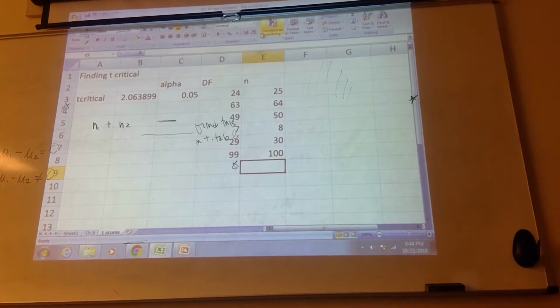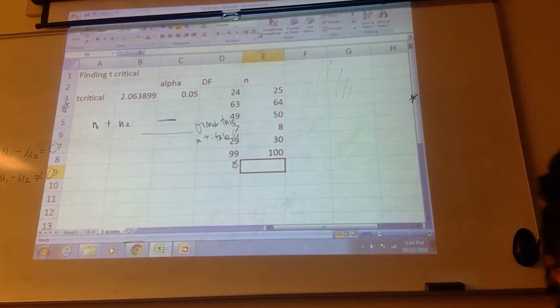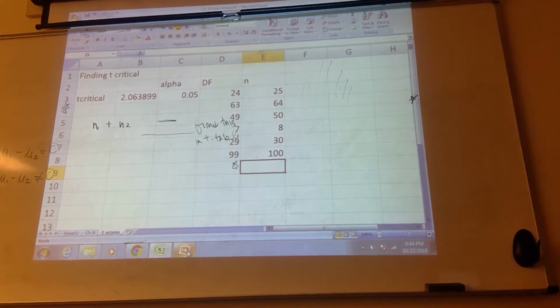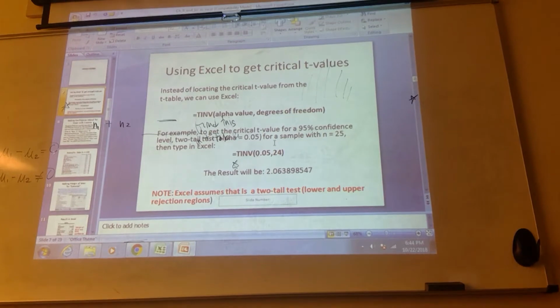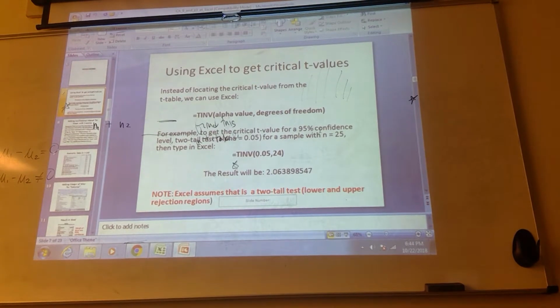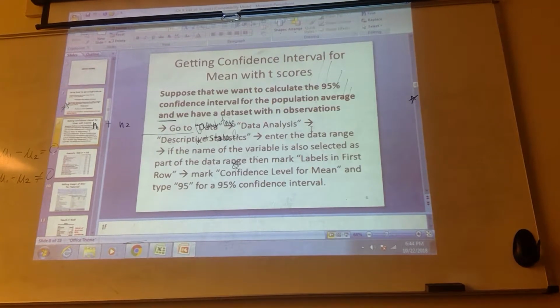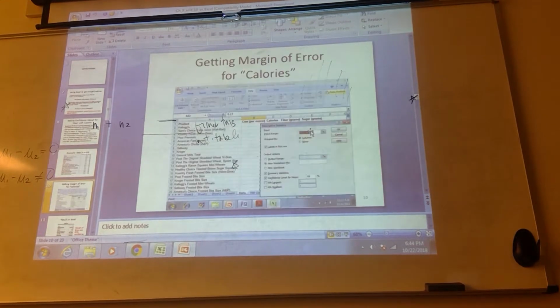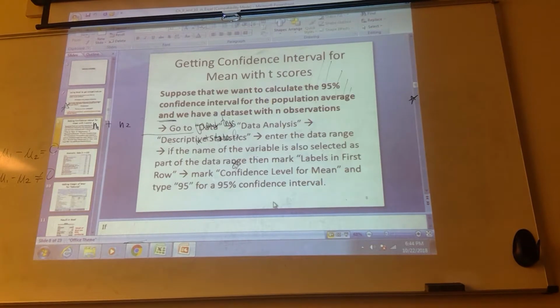Excel really helps you out if you know how to set it up right. Let's double check this really quick. So 95% confidence level. Alpha is 2.5.